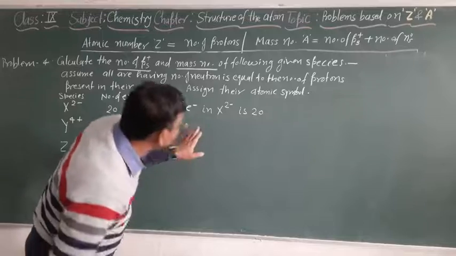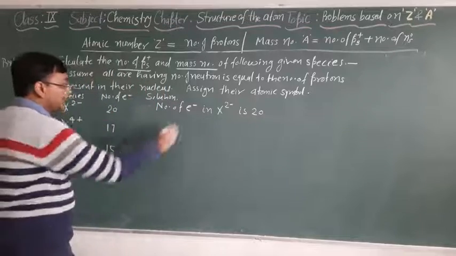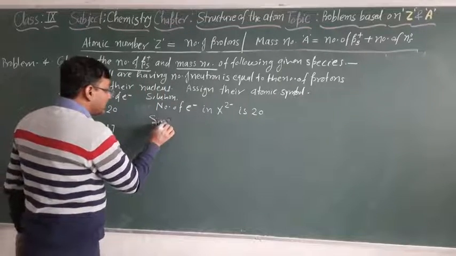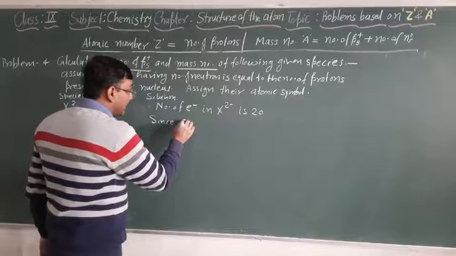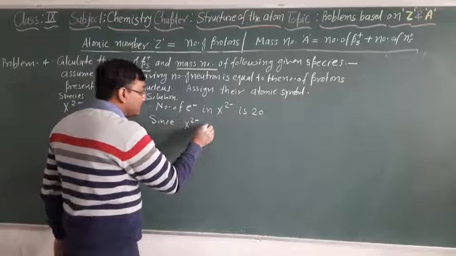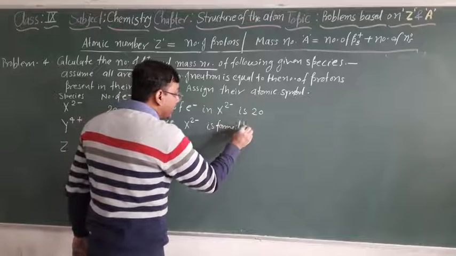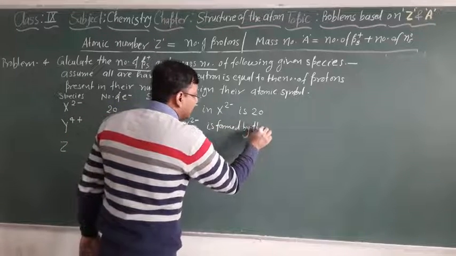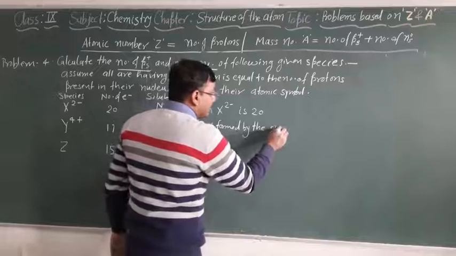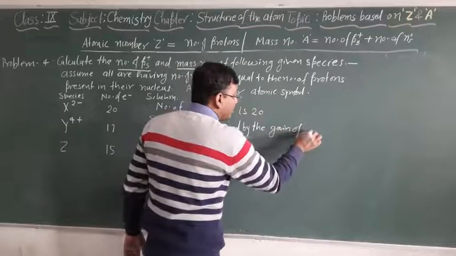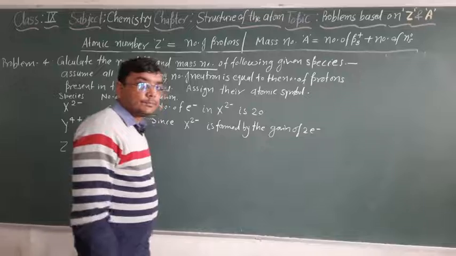Since X2 minus is formed by the gain of 2 electrons, clear?